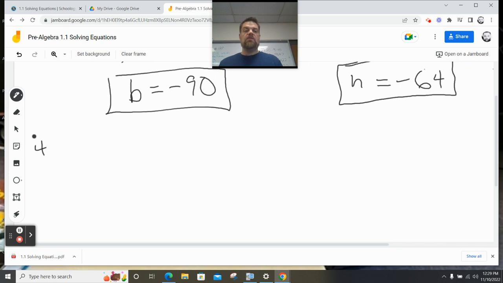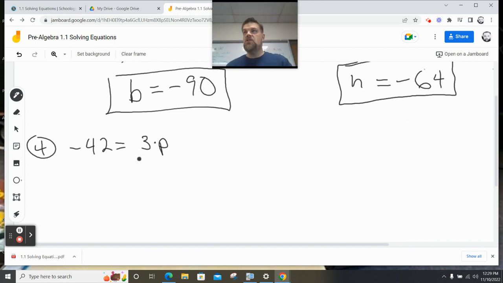For problem number 4, I've got negative 42 is equal to 3 times p. I need to move the 3 away from the p. What is the 3 currently doing to the p?